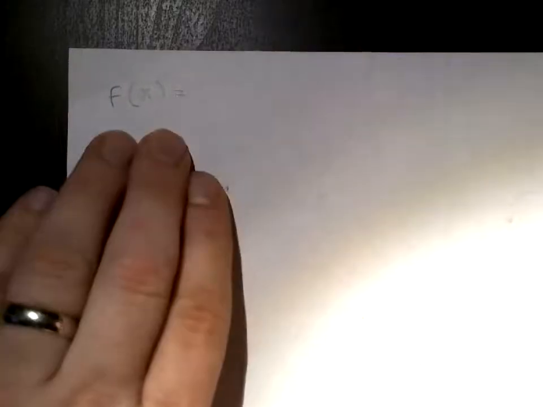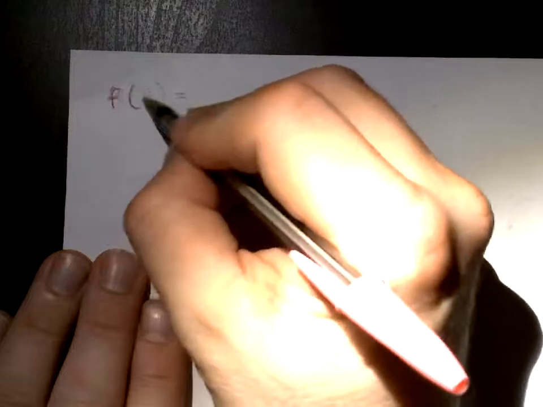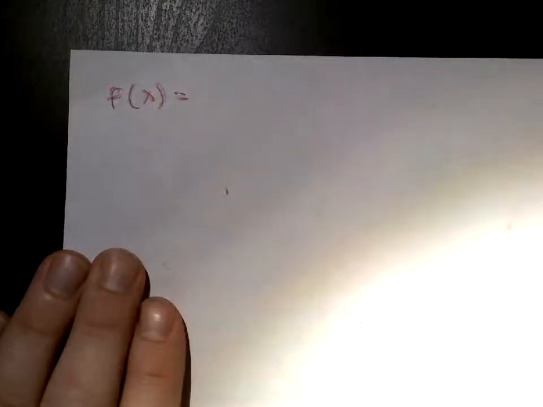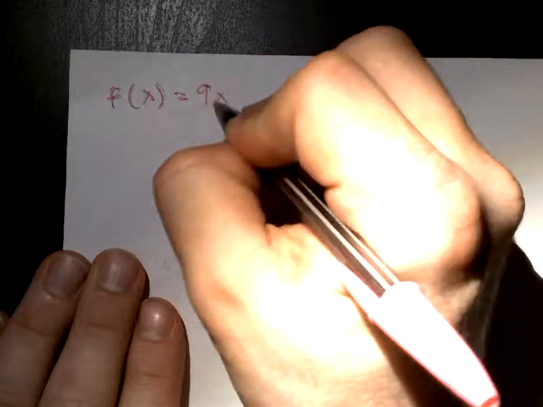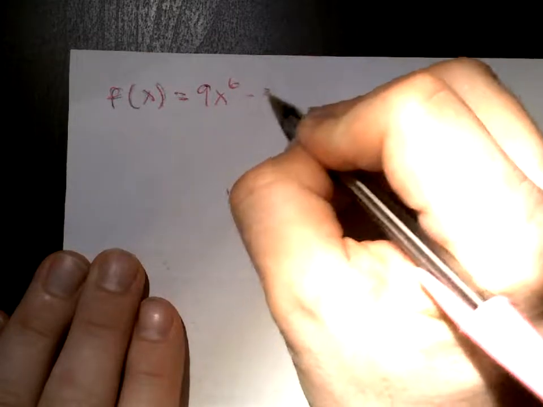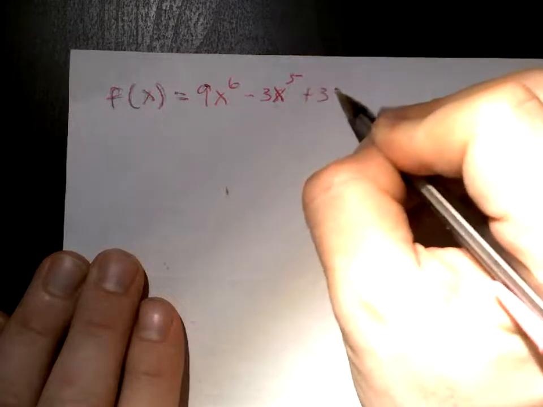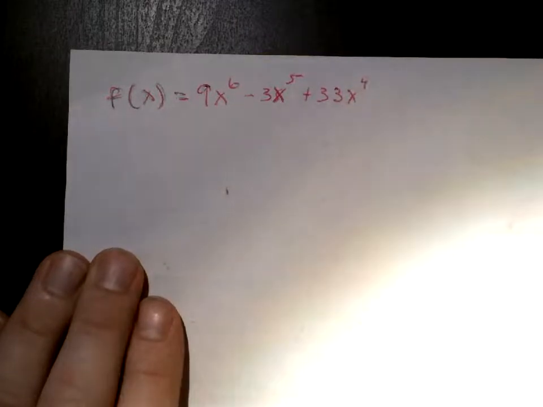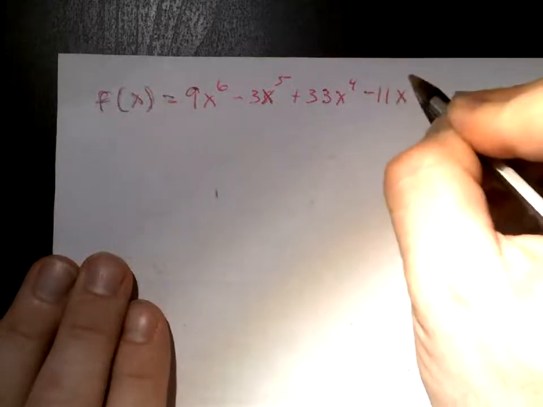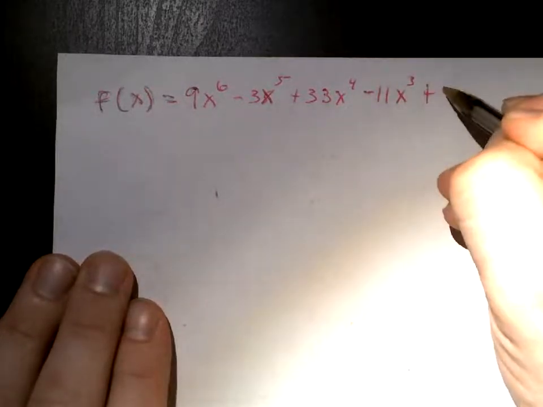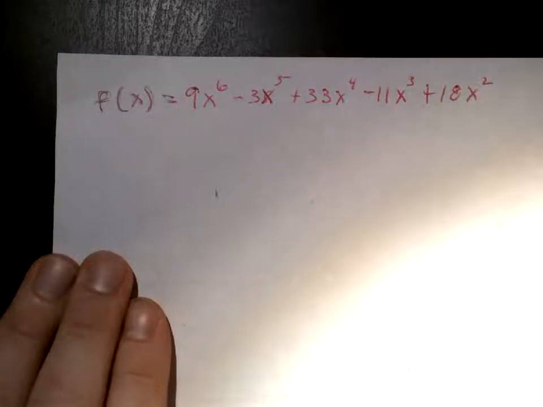So we have f of x equals 9x to the 6 minus 3x to the 5th plus 33x to the 4th minus 11x to the 3rd plus 18x squared minus 6x plus 1.